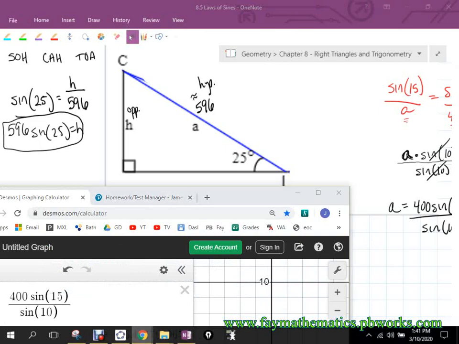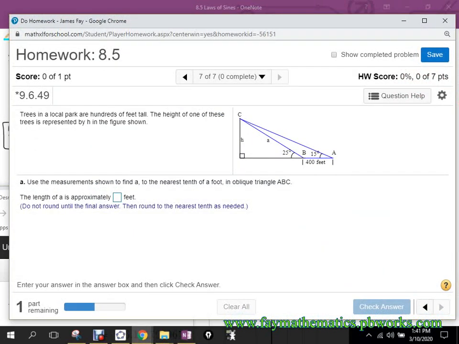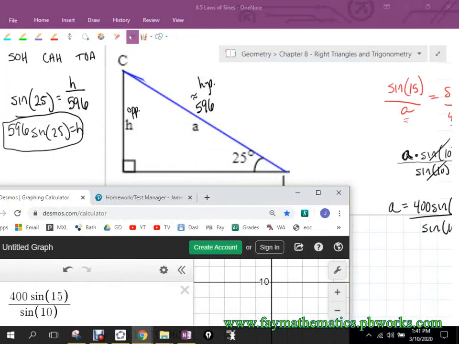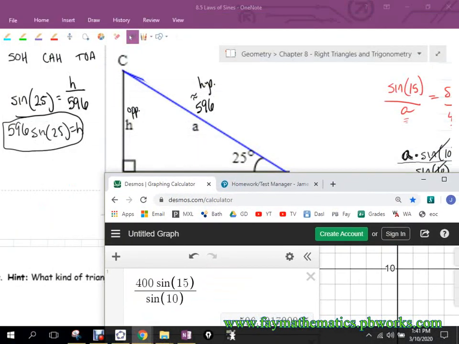They tell you to round the first one to the nearest tenth. Okay, so do not round until the final answer, then round to the nearest tenth as needed. So they're walking you through how to round. I want to do this problem as if my end-all question to you was, how do I find H, and I want you to round it to the nearest tenth.